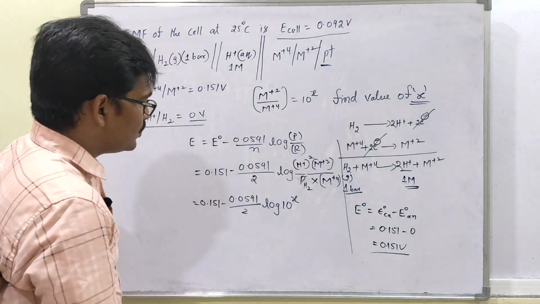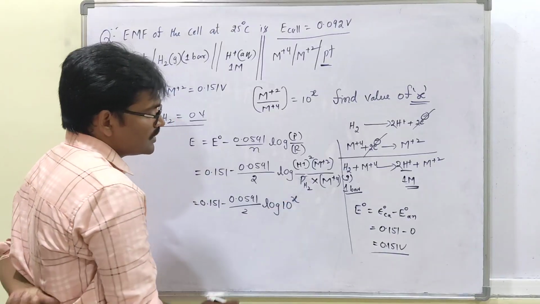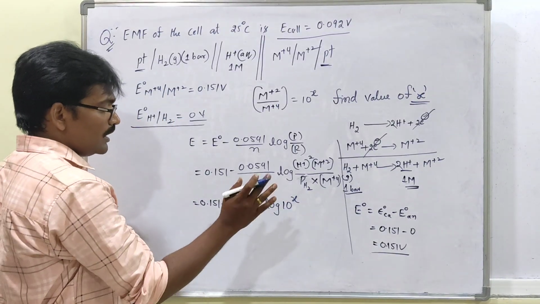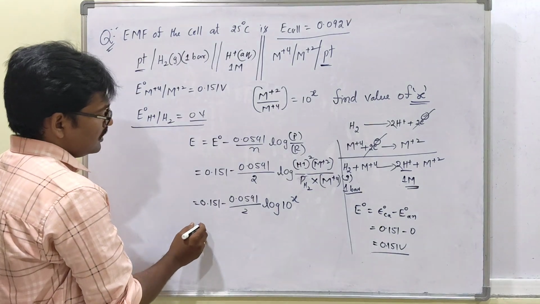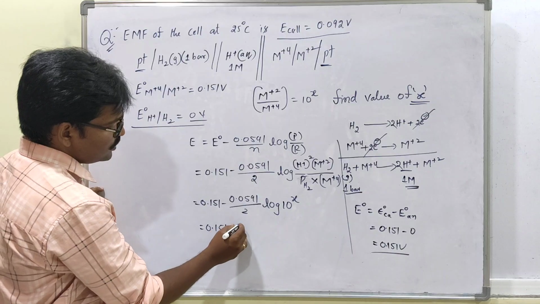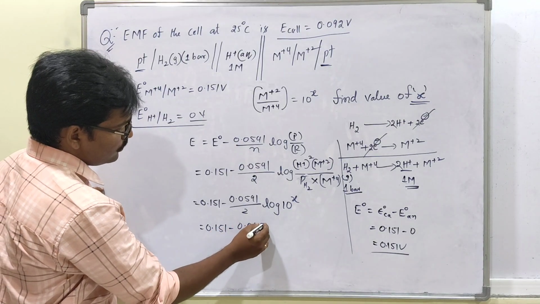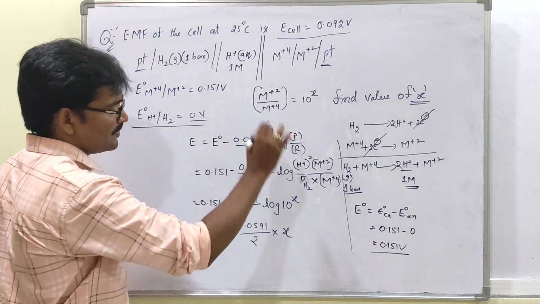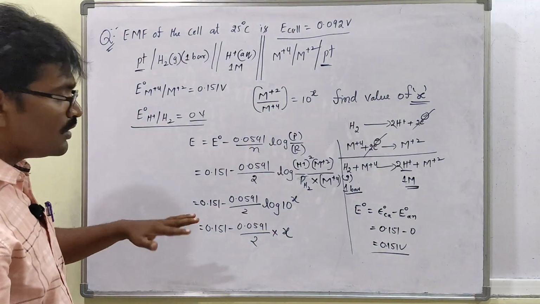Clear? So log 10 to the power of x is nothing but x into log 10, and log 10 value is 1. So here then 0.151 minus 0.0591 divided by 2 into x. Clear? So up to here we know that.